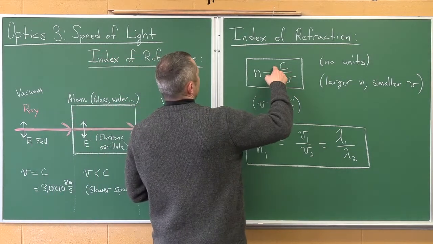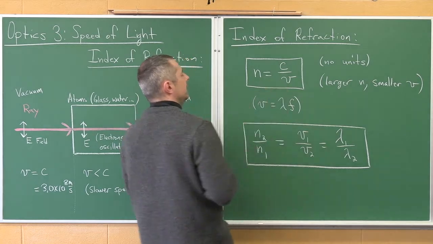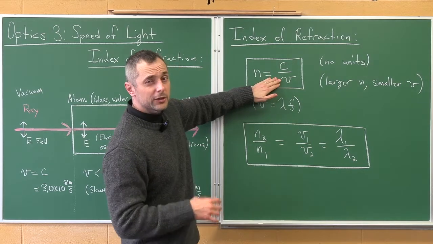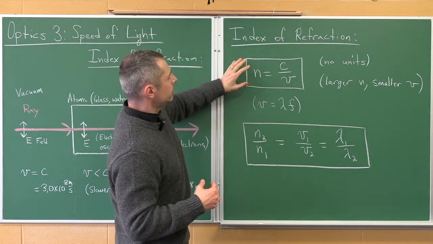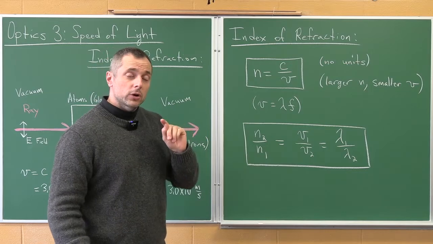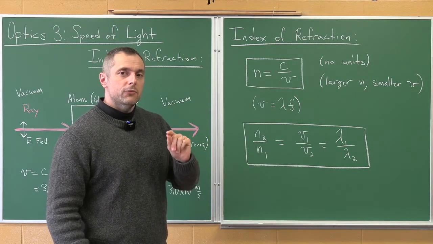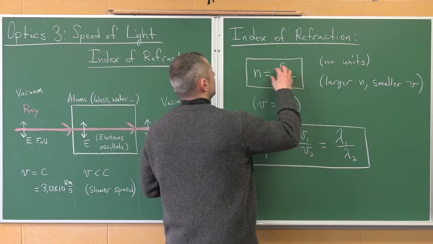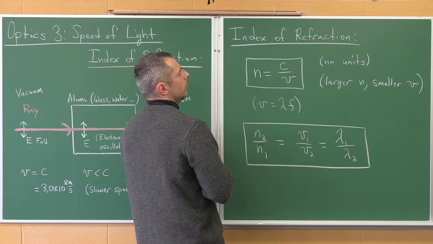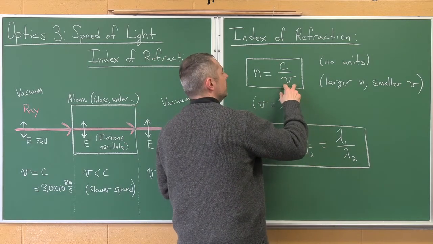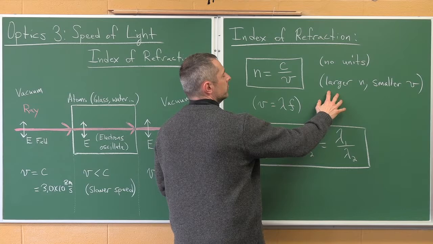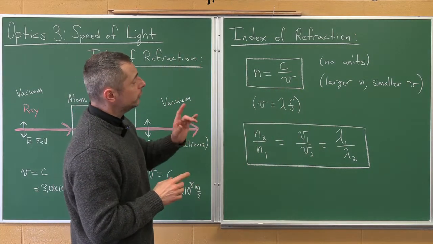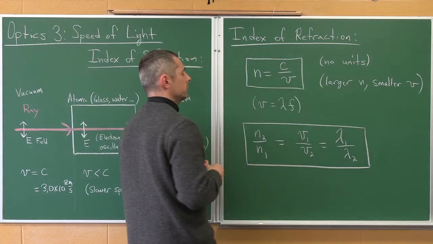It's the speed of light in a vacuum divided by the speed in the material. 3 times 10 to the 8th over some smaller speed because of the atoms means the index of refraction is greater than 1 for all substances that have atoms. Because this is smaller, we get a bigger answer over here. The slower the speed gets, the bigger the index gets. So bigger index, smaller speed, inverse proportionality. Also no units, since we have meters per second divided by meters per second.